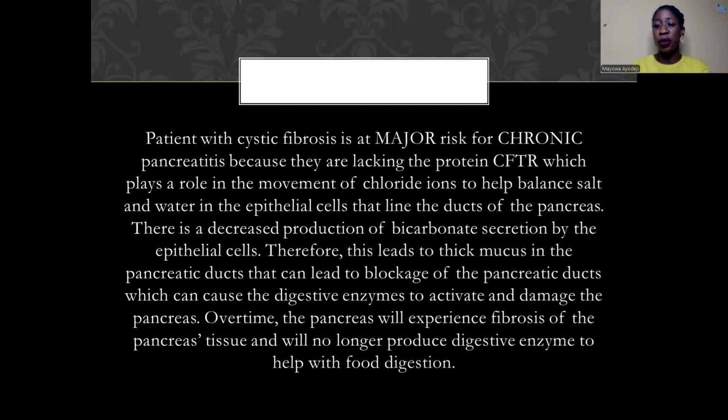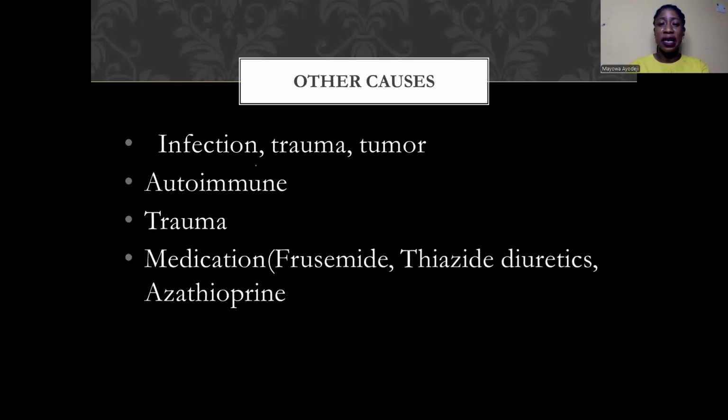Once the pancreatic duct is blocked, the enzymes will not be able to find their way to the duodenum, and they will become activated. And over time, they will damage the pancreas. So the pancreas will experience fibrosis, and it will no longer produce digestive enzymes to help with food digestion.